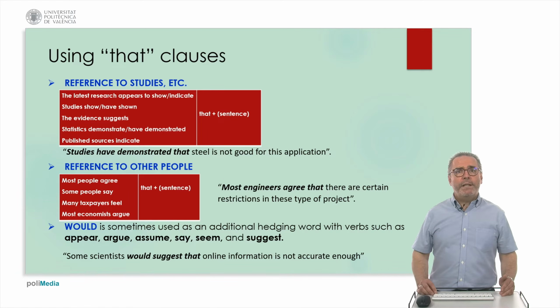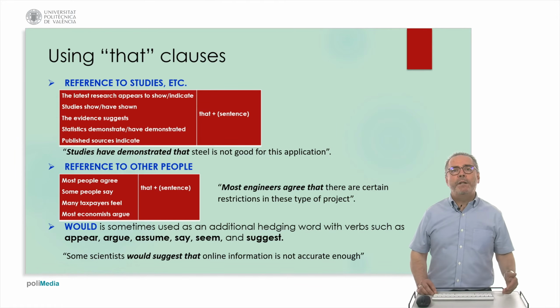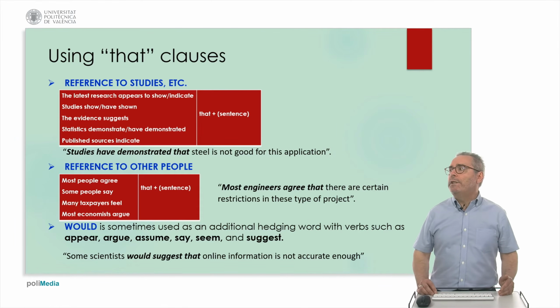Would is a word that also has the function of hedging, because sometimes it is used as a hedging word with verbs such as appear, argue, assume, say, seem, or suggest. For example, some scientists would suggest that online information is not accurate enough.